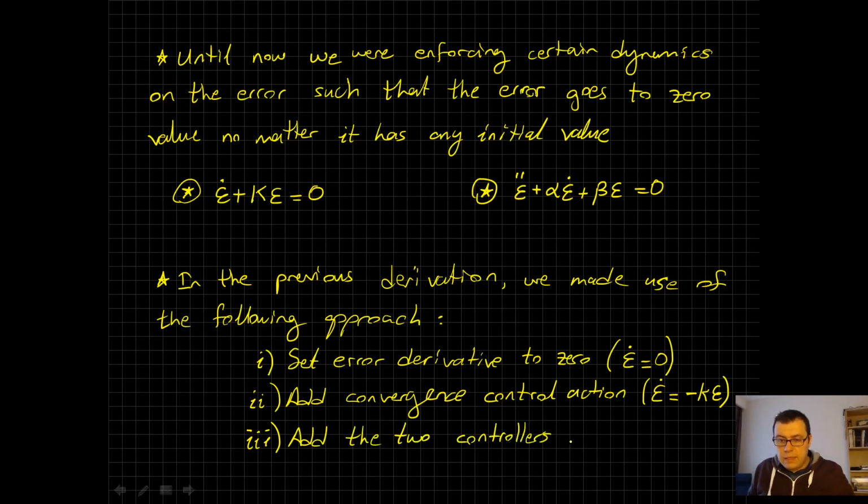So we had Q double dot desired is equal to Q double dot equivalent plus Q double dot convergence. And this gives us Q double dot equivalent, and this gives us Q double dot convergence.